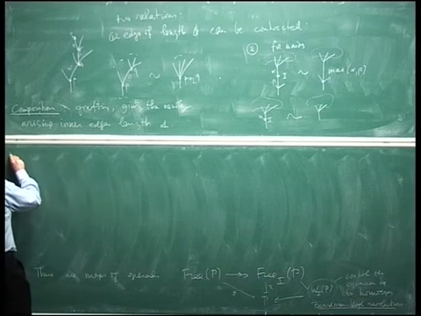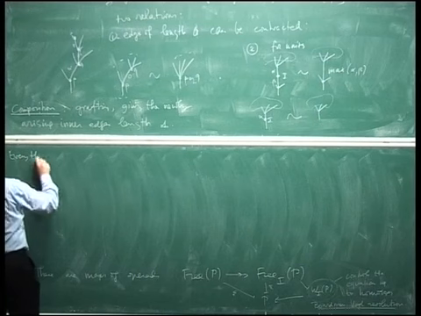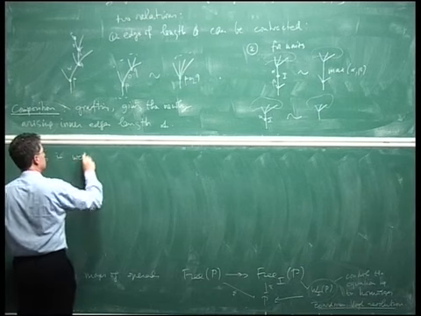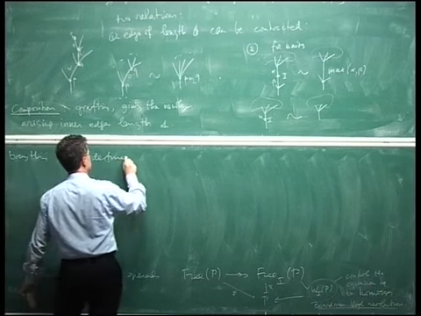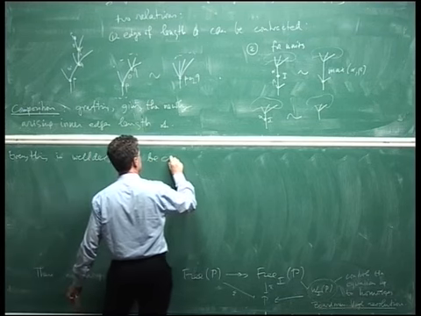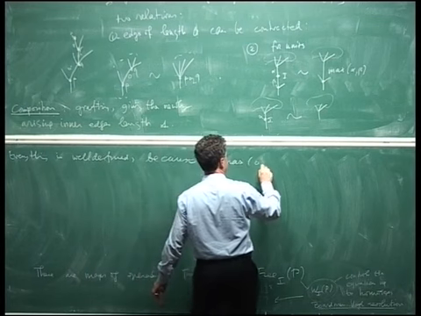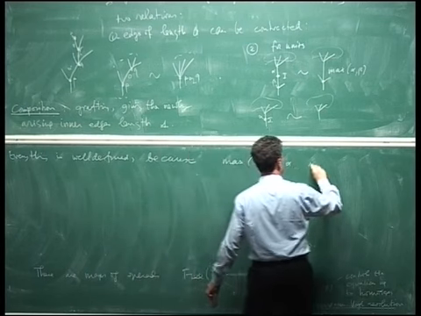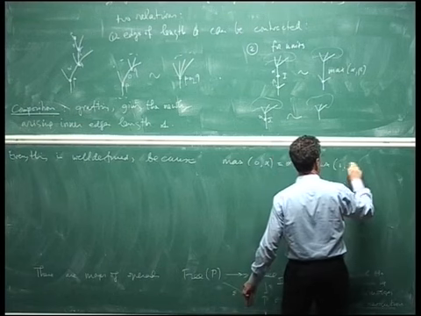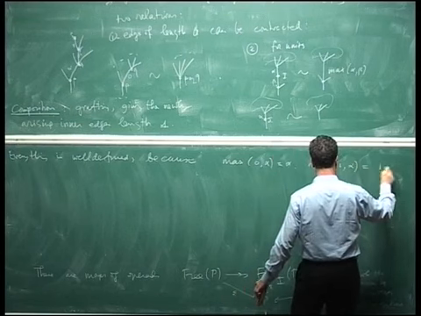So everything is well defined, because the maximum of 0 and alpha is alpha, and the maximum of 1 and alpha is 1.